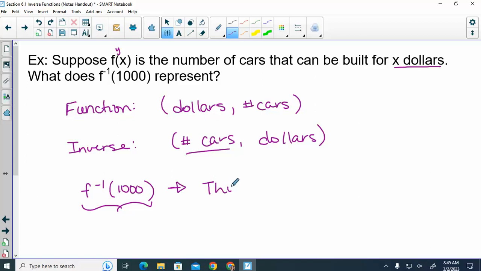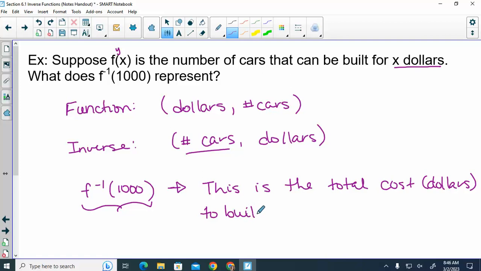So this is the total cost or dollars, whatever you want to put, to build 1,000 cars. That's it. I just wanted the sentence. Is that all right?